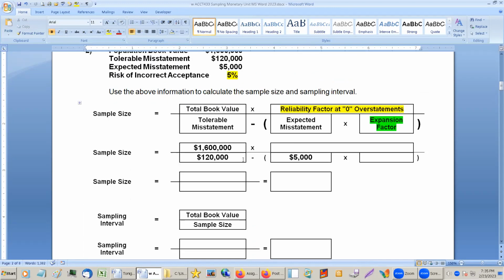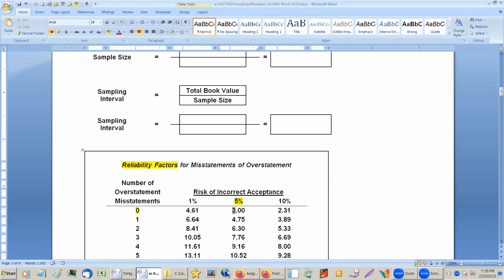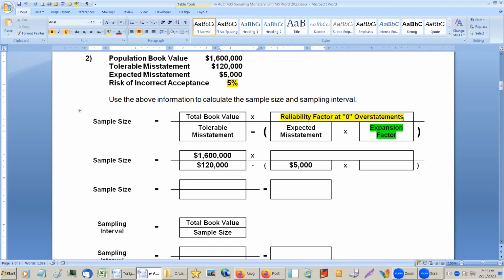So in other words, we want to be 95% sure. So at 5%, at row 0, this is our factor. Three. So coming up here, I'm going to put 3.0 in there. So that's our reliability factor at 0.